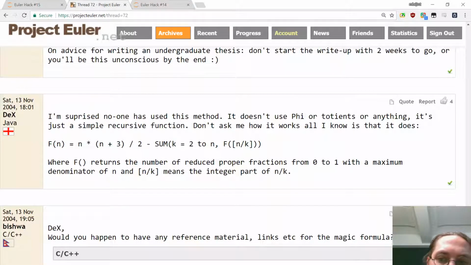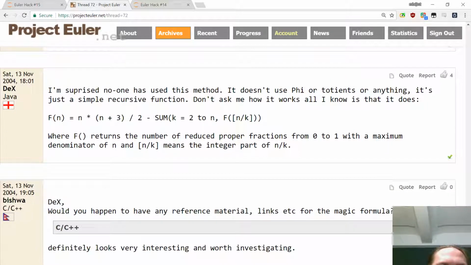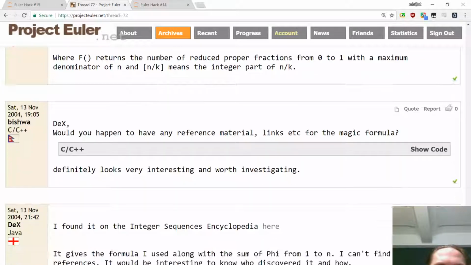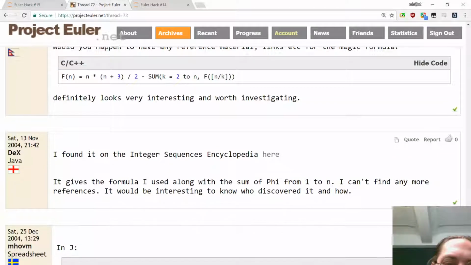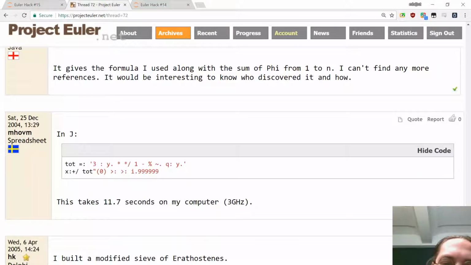Oh well, but it looks nice. And I'm sure we're only overlooking one thing. Oh, that was Dex, and then the next one asks Dex, would you happen to have any reference material? Yeah, I just saw the integer sequences, N plus 3 divided by 2.